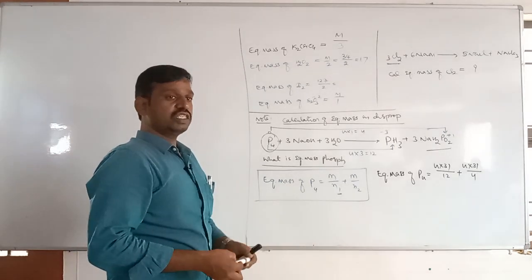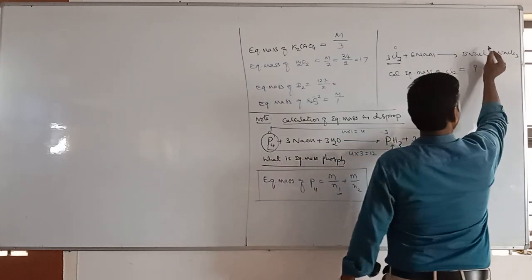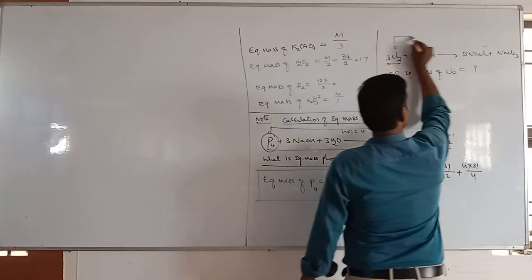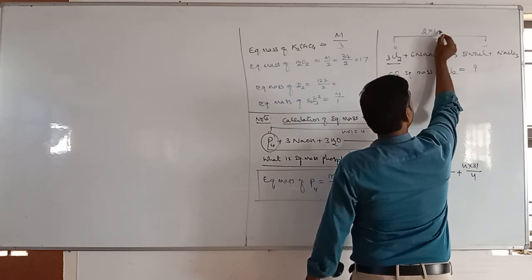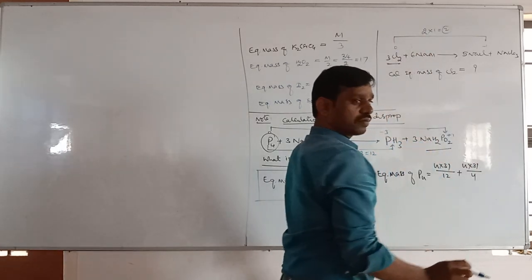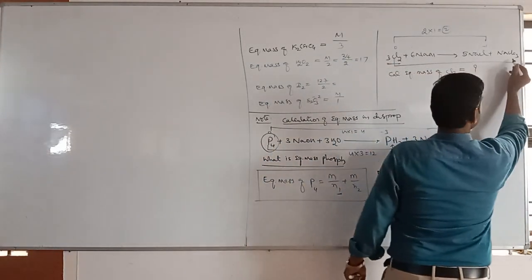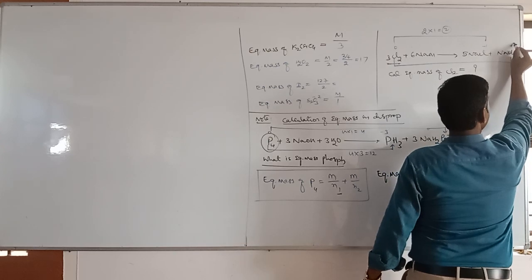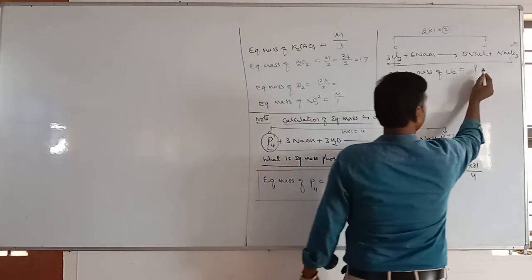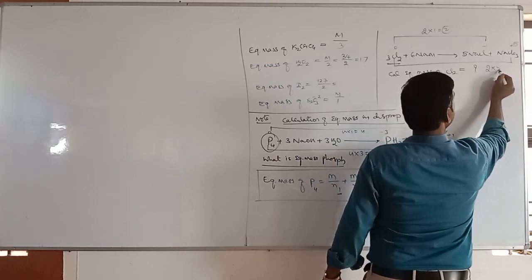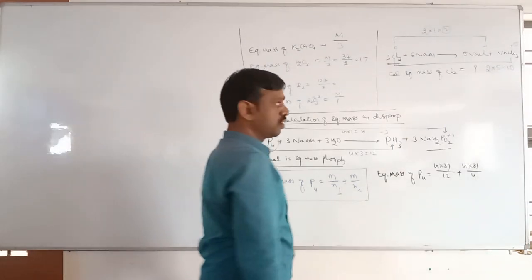Calculate the change in oxidation number. Chlorine is 0, here chlorine is minus 1. 0 to minus 1, there are 2 chlorine atoms, 2 into 1 is 2. Next, 0 to plus 5. Then 2 into 5 is 10.